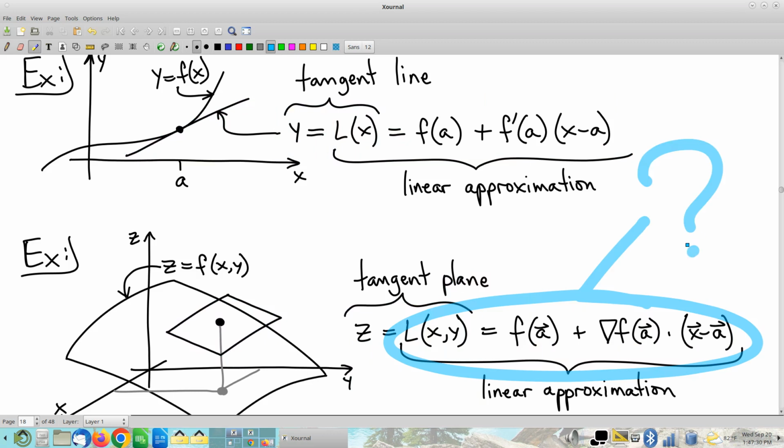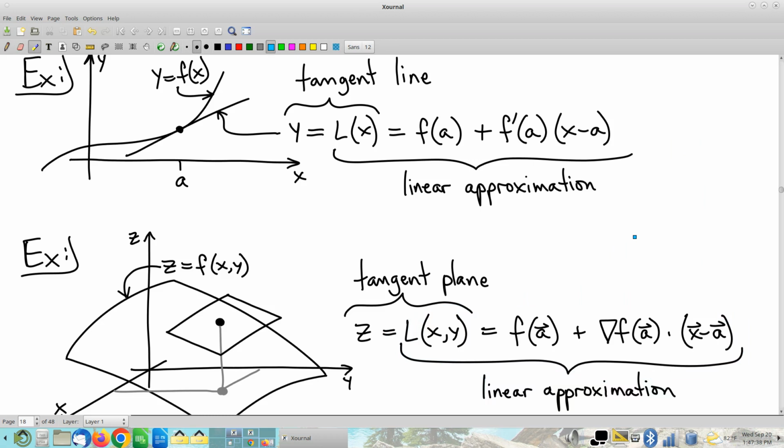That's not a plane. This is a function, right? Importantly, a function, not a geometric object. And if someone asks you for the linear approximation, and you give them this, that's not a function, right? So anyway, careful. All right.